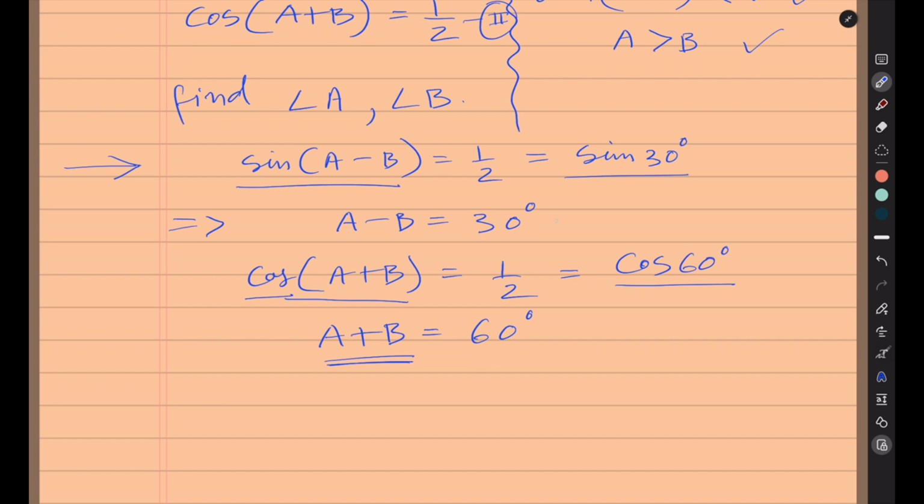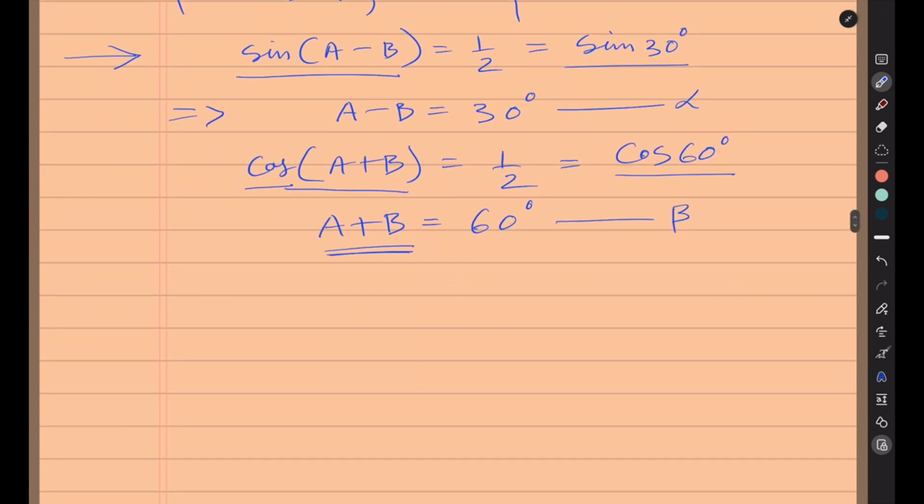Now we can tell that this is one equation and this is another equation. Let us call them alpha and beta. Equation alpha, equation beta.